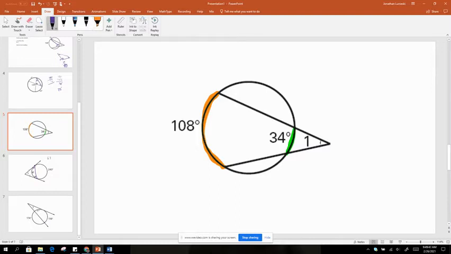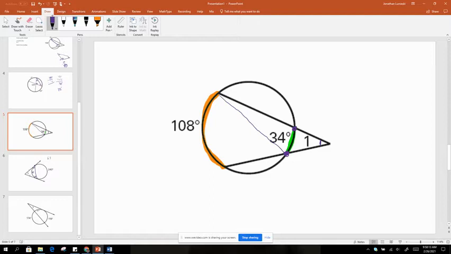And angle 1 is this angle back here. So again, I can look at this 34 degrees, and here are sort of the end points of that arc. So I already have a nice line created here for me, so I am just going to draw another line. And remember, our rule for inscribed angles is that it is half the measure.